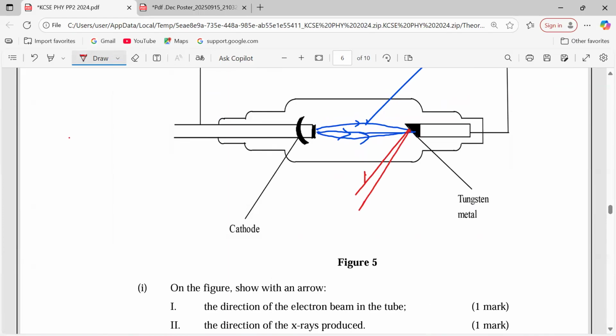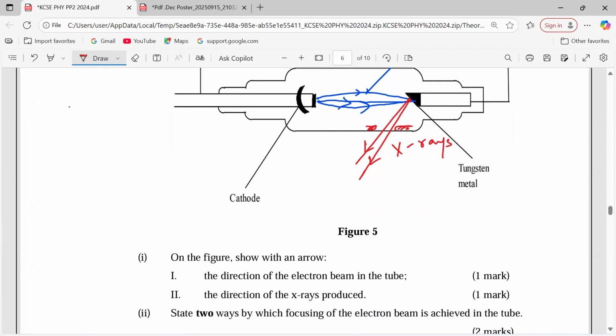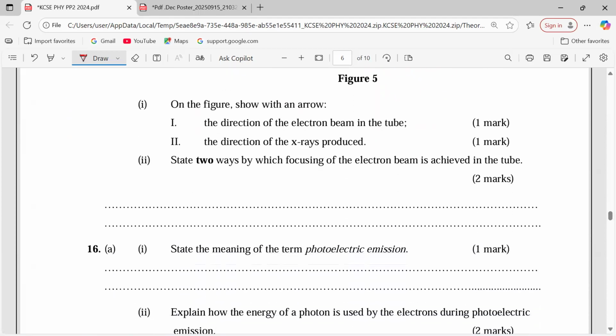So we usually have a window there through which the produced X-rays will flow out. So we are done with these particular parts.